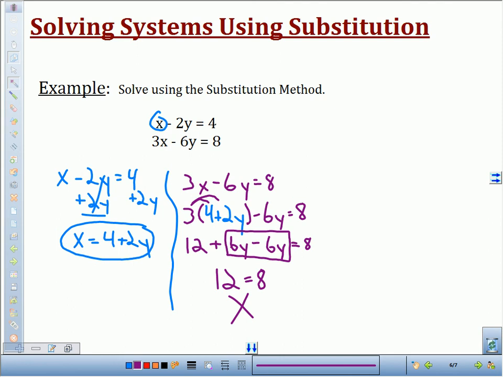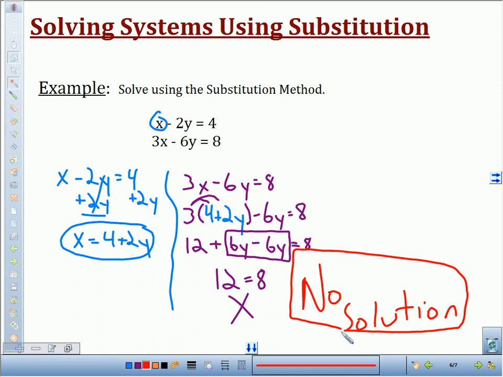So that is a problem. What that means is that there is no solution to this system of equations. These two lines will not intersect. There is not a solution. And we don't need to go any further in this problem.